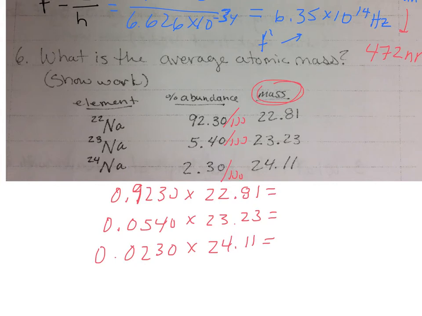And so for each of these, what I get, all right, so this first one I get 21.05, what's the next one, 4. For this next one here, I get 1.2544, and for the next one, I get 0.5545.